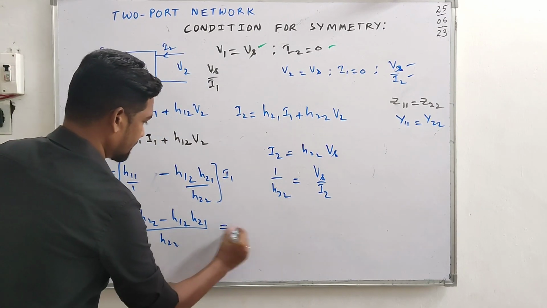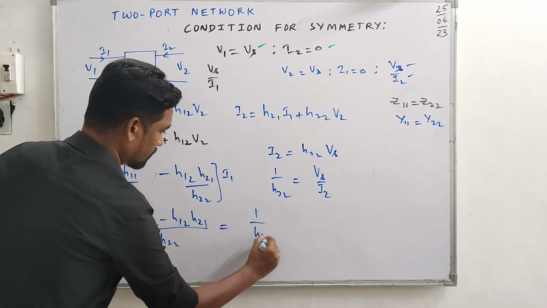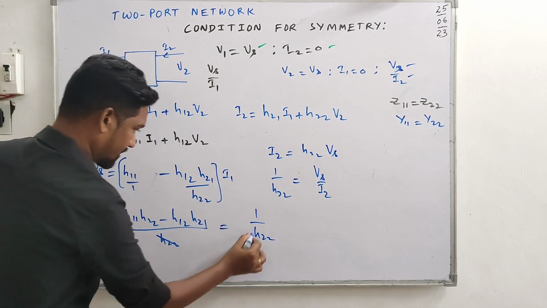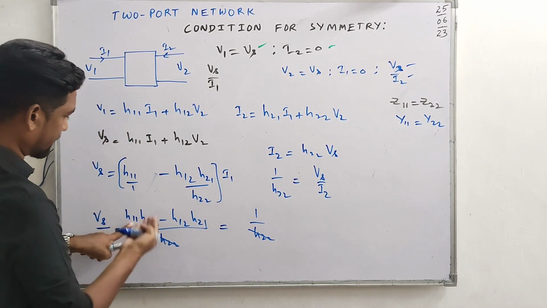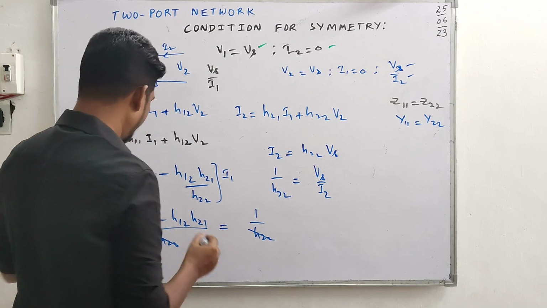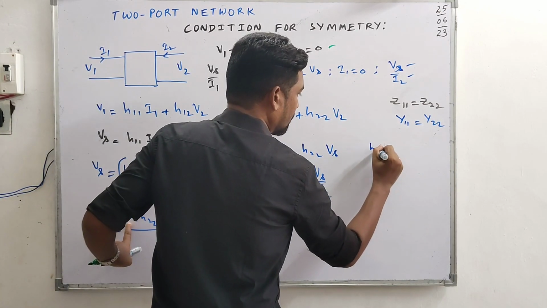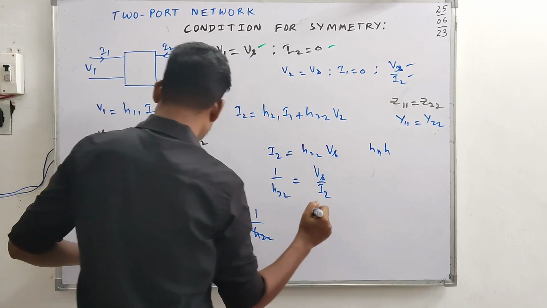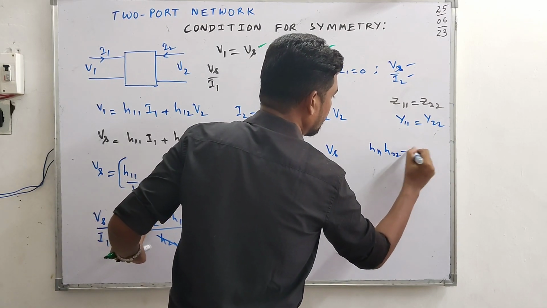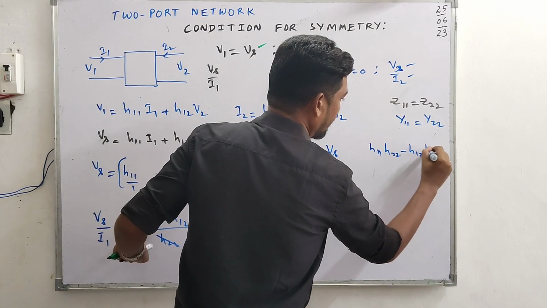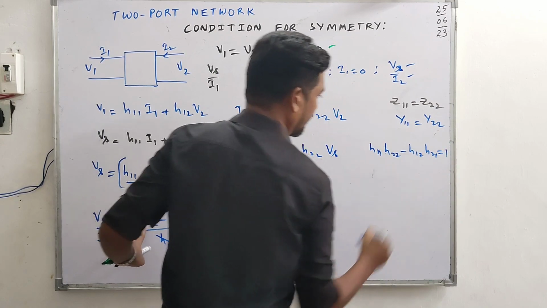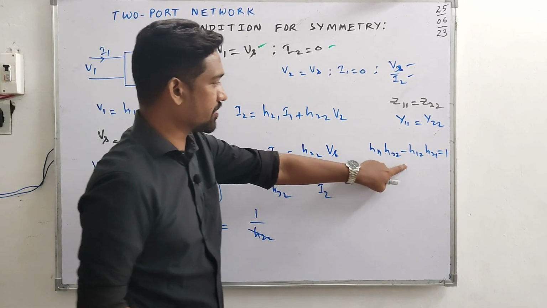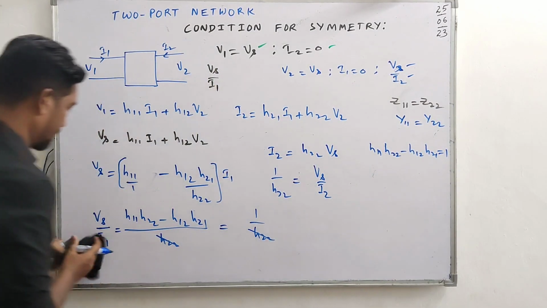In the sense, this will be equal to 1 upon h22, and this gets cancelled. That condition in terms of h parameters is h11 h22 minus h12 h21 should be equal to 1.